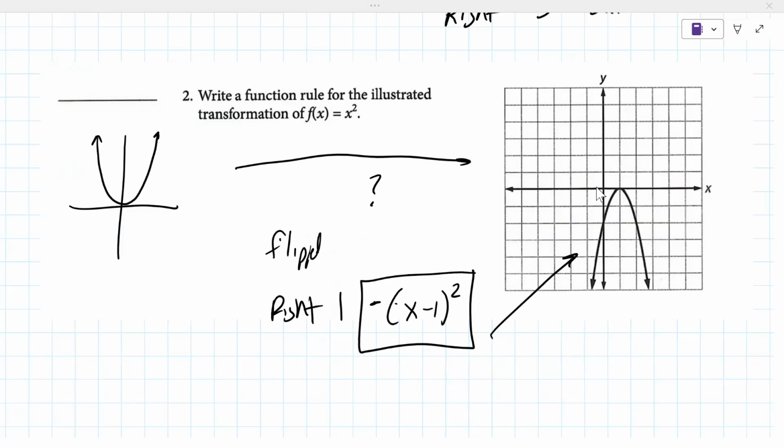Okay. Does it look like this? Yeah. Okay, so you got it.